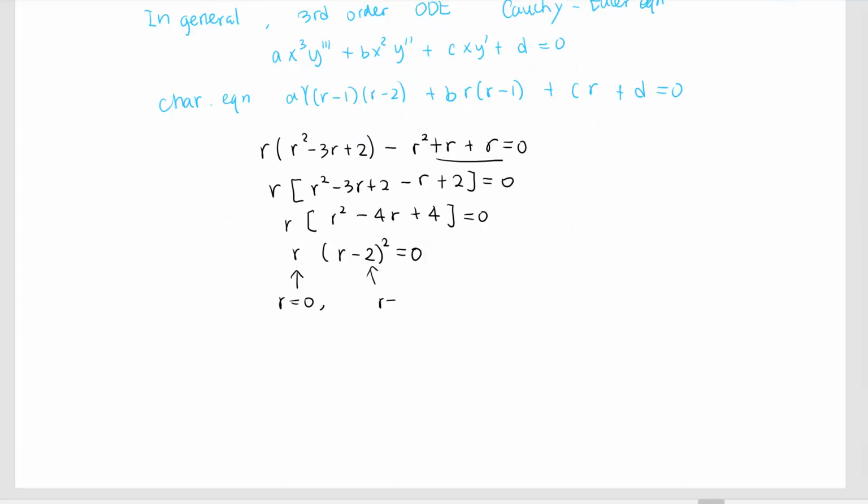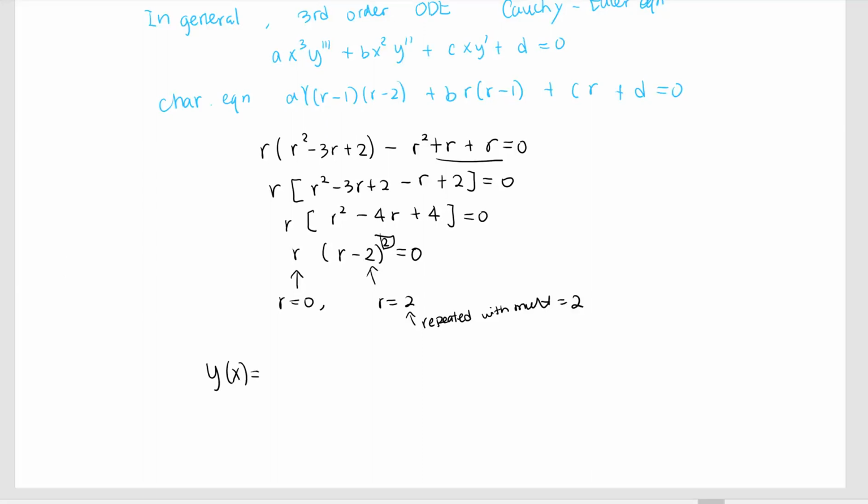This corresponds to r equal to 2, but because the multiplicity is 2, we know this is a repeated root with multiplicity 2. The multiplicity actually plays an important role, especially in higher order ODEs. So in the next session, when we talk about higher order ODEs, we're going to look carefully at the multiplicity of each root.